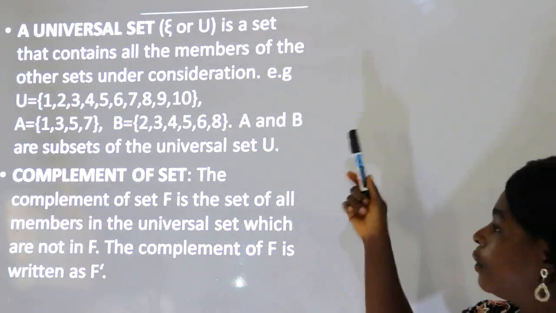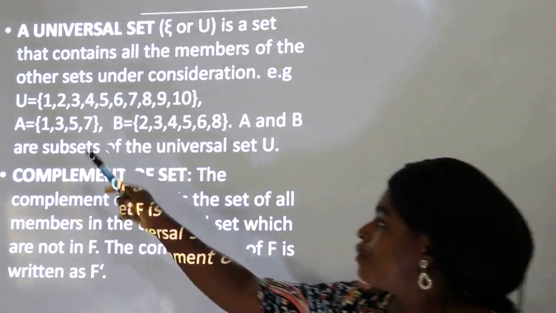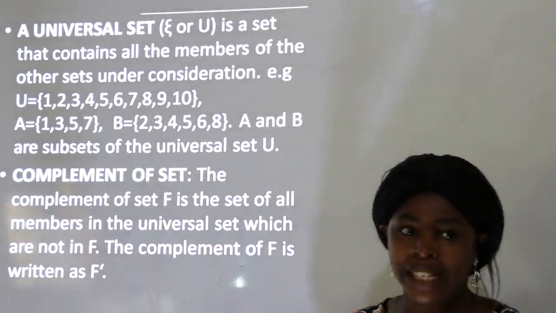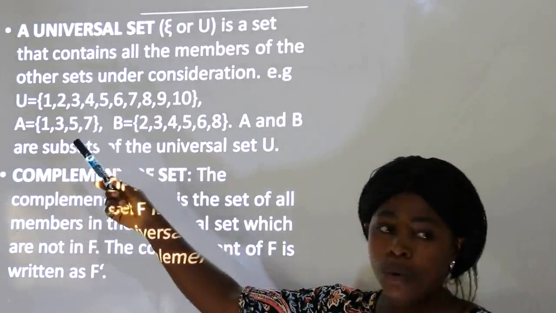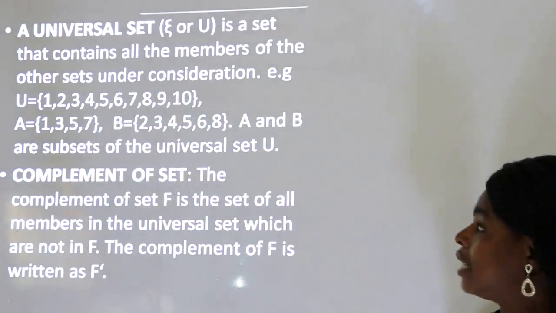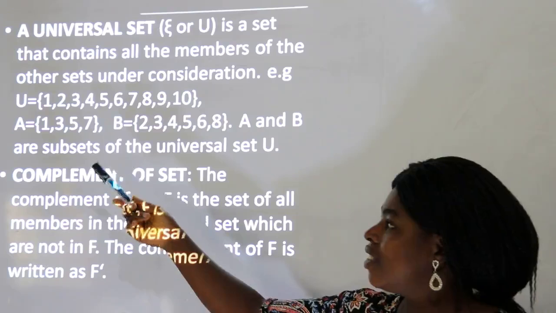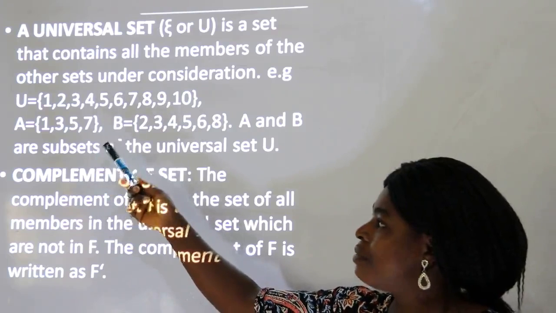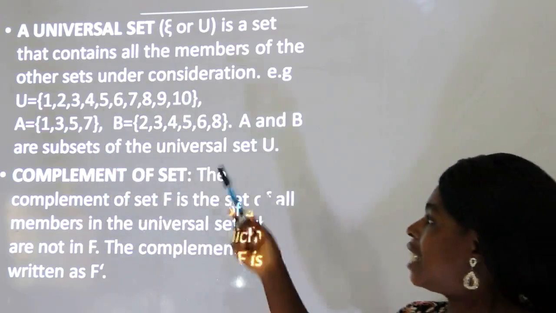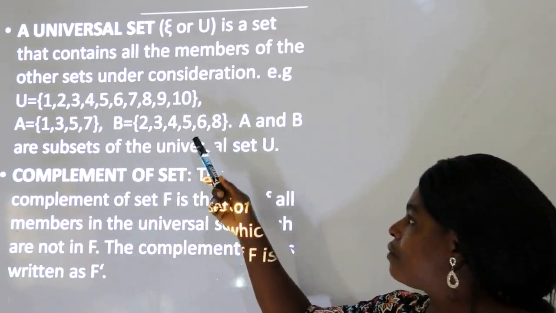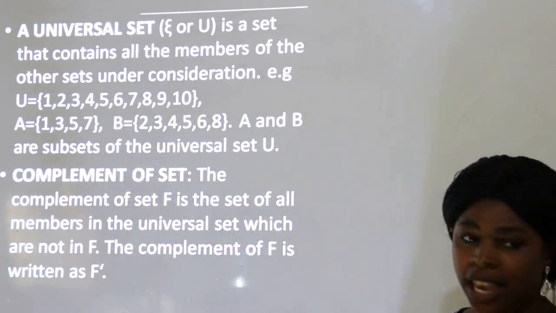So for example, we have U, that is the universal set, equals 1 to 10. That is the universal set. Then we have the subsets. A is 1, 3, 5, 7. Then set B is 2, 3, 4, 5, 6, and 8.